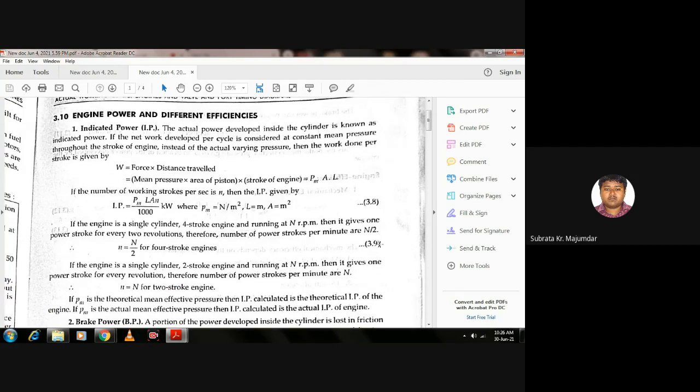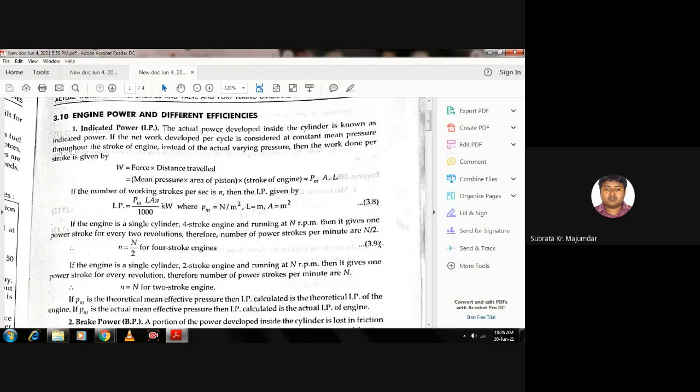There is another important matter. If the engine is a single cylinder 4-stroke engine running at N rpm, mind it, then it gives one power stroke for every 2 revolutions.